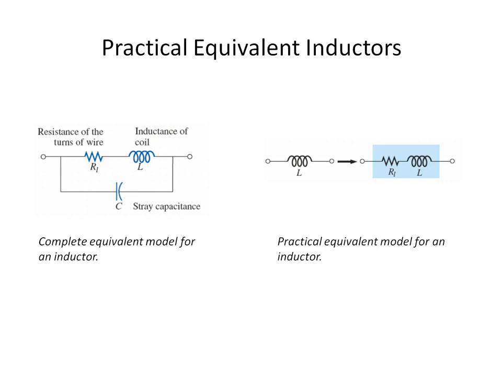Now, on the left here, you have the complete equivalent model for an inductor. Notice that it has an R part and a C part as well, on top of the inductance itself. And then from the practical equivalent model for an inductor, we see that it's going to be a resistance in series with an inductor, and the resistance comes from the wire itself.